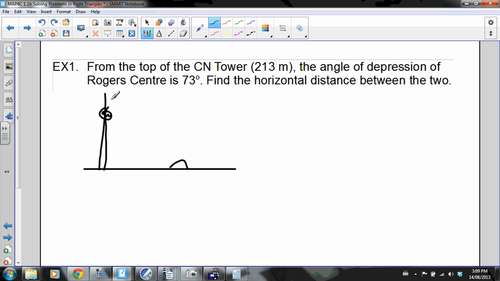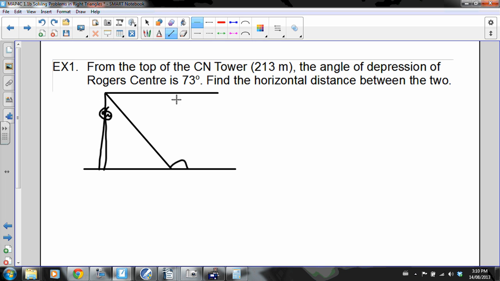It says from the top of the CN tower, the angle of depression of the Rogers Center is 73 degrees. So where's that angle? Well, we can sort of see there's the looking down, but where does the 73 go? Well, if we're on the top of the CN tower, it's always measured from the horizontal, and it gets swept out from there, right?